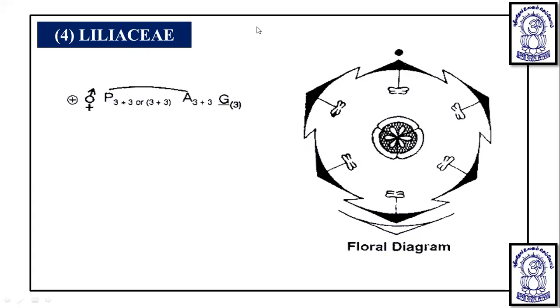If we talk about the Liliaceae family, it is also known as the lily family. In this lily family, the floral formula is given like this, which shows actinomorphic symmetry.